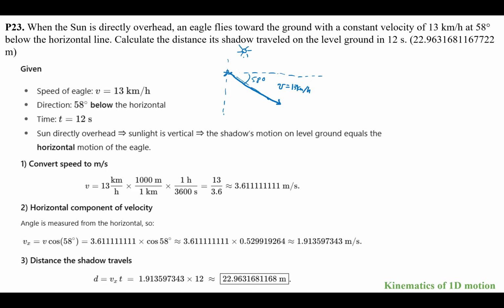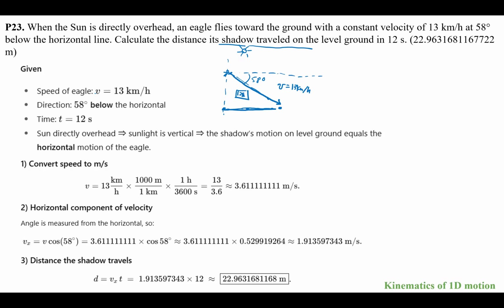And note what the shadow is: the shadow traveled on the level ground, meaning the sun is overhead, so we have a shadow, and it moves for 12 seconds. What we need to find is this horizontal distance covered by the 12-second flight.